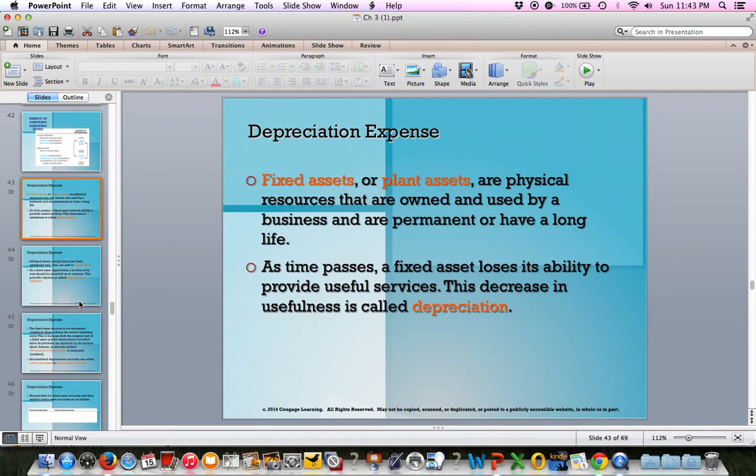And because they last a long time, we have to allocate their use to the accounting period they're used in through the process of depreciation. That's basically allocating cost to expense as we use the asset. Okay, that's what that means.